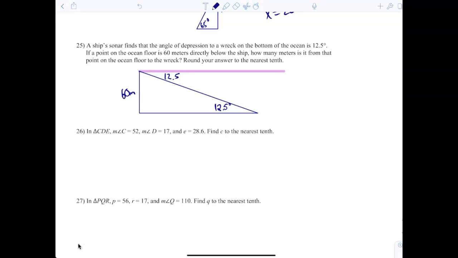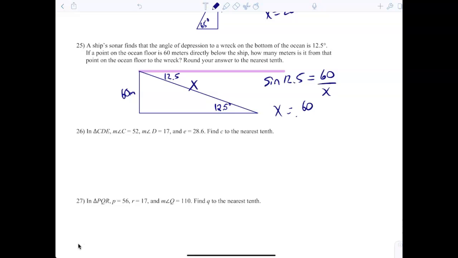And so we want to know how many meters it is from the point on the ocean floor to the wreck. So I'm assuming we want to find this guy right here, right? So again, it's kind of boring because it's still what trig function? I think it's sine, isn't it? So this would be sine of 12.5 is equal to 60 over x.